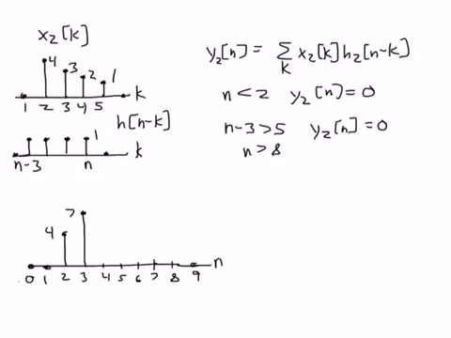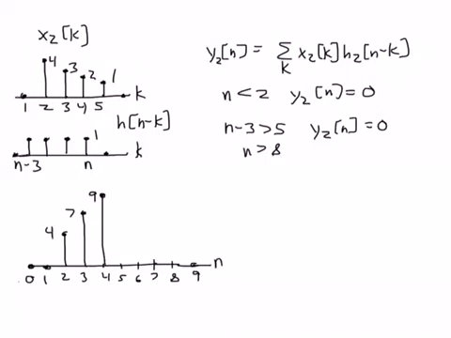Okay, so I just continue shifting this guy over. So I shift it over when n is equal to 4. I'll have 1 times 2 plus 1 times 3 plus 1 times 4. So that'll be 2 plus 3, which is 5, plus 4 is 9. So that's 9.